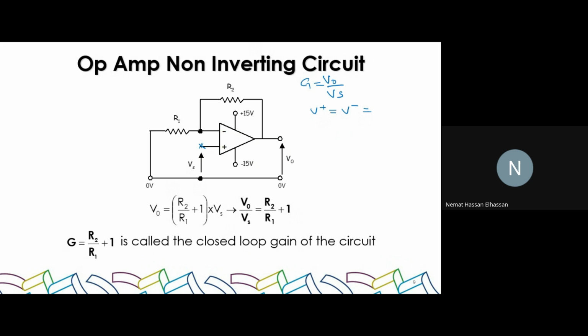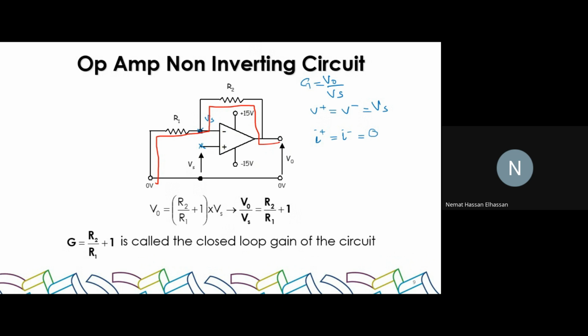So the value here is Vs, which means the value here is Vs also. So V positive is equal to V negative equal to Vs, right? And the second assumption is that the currents at the positive and negative terminal are equal to 0. Perfect. And then I will repeat the exact same process and I will take this feedback line all the way to the ground.